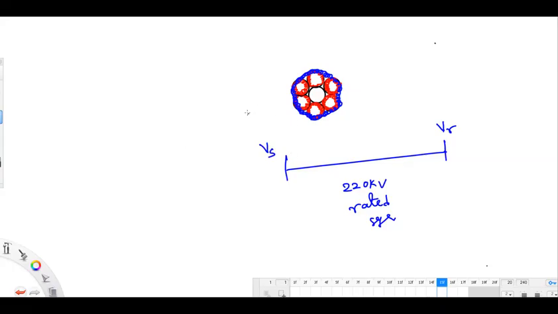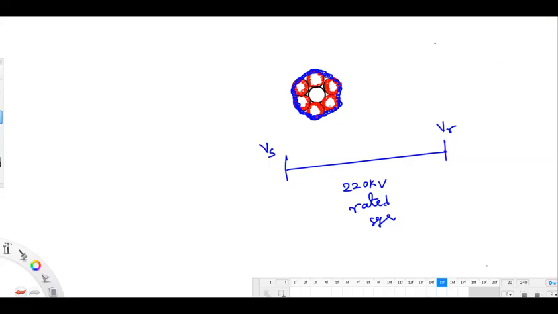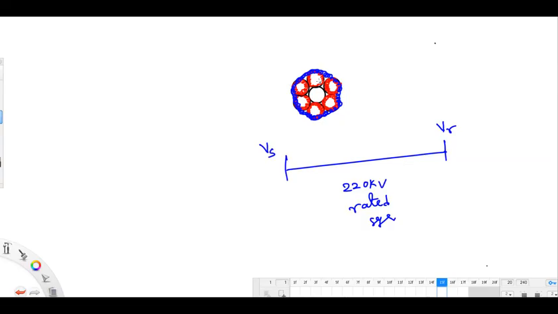Sir, in the DC one-wire system, we took the area perpendicular to current flow as pi r square, but that is perpendicular only at the time it enters the ground, right? After that, it flows in a different direction. Any direction it will flow; earth looks to be circular only. If the current is flowing through the surface, then it won't be circular, right?